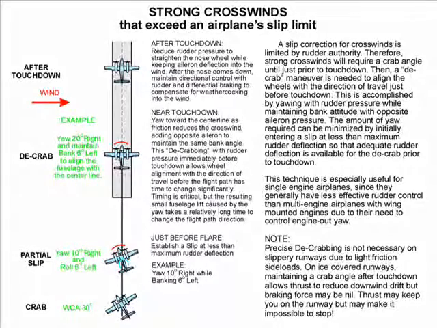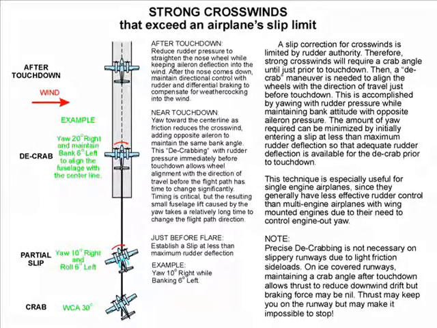For example, a left 30-degree wind correction angle is being held on final approach. Just before flare, establish a slip by yawing 10 degrees right while banking 6 degrees left. Then, near touchdown, align the fuselage with the center line by yawing 20 degrees further right while maintaining the left 6-degree bank angle with aileron pressure.